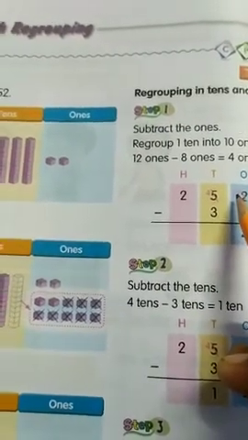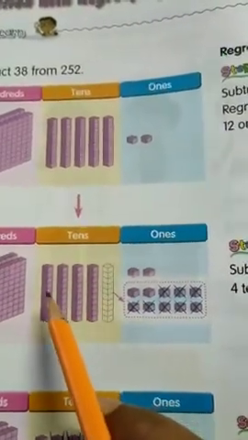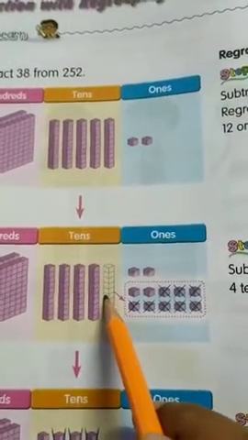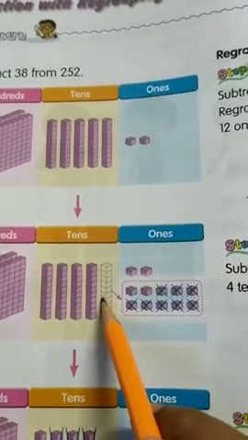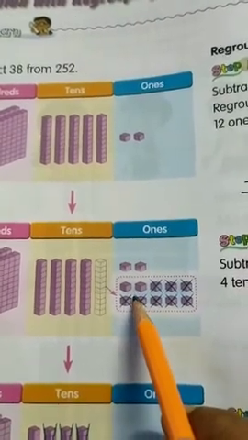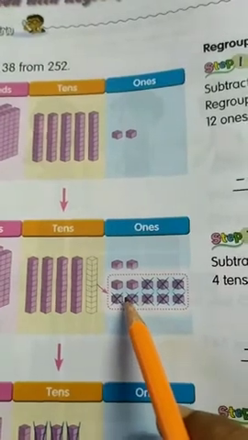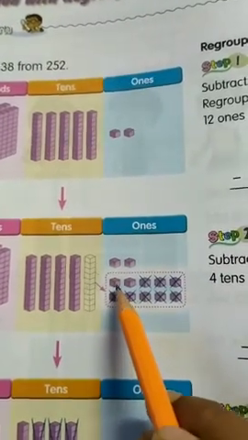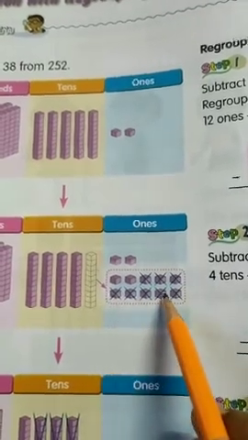Okay children, now you see over here, 1 2 3 4 5. Here there are 5 tens. Now this one ten we removed and add it over here. So this 1 ten will turn into 10 ones. Okay, so 1 2 3 4 5 6 7 8 9 10.